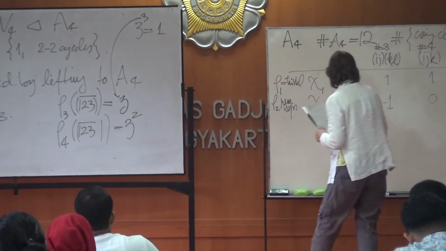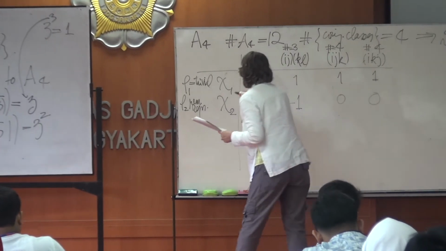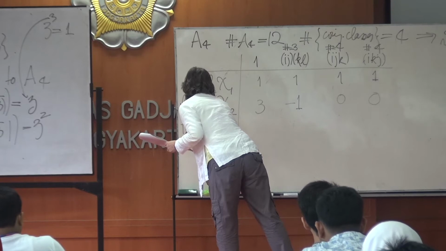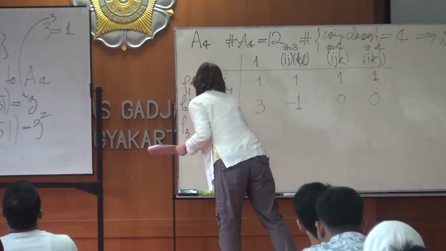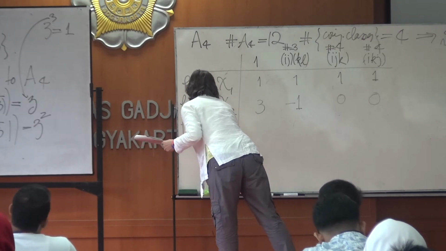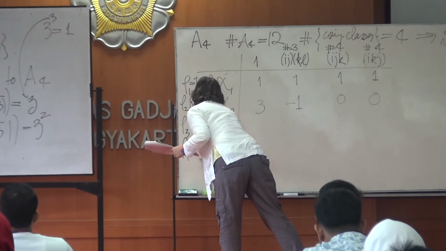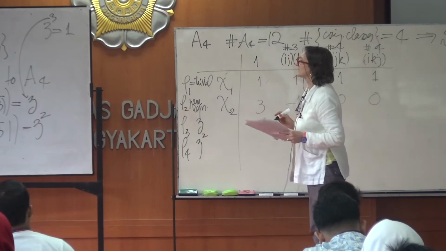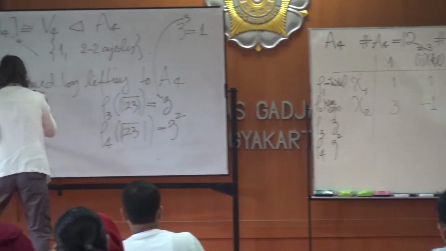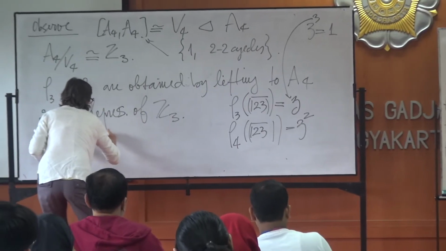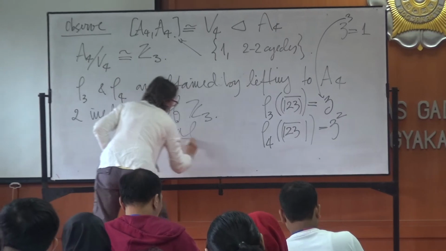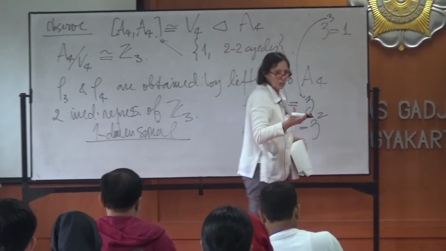It's enough. So what do I get now? So we said rho 3 is multiplication by z, and rho 4 multiplication by z squared. They're both one-dimensional. So now we are computing the characters.